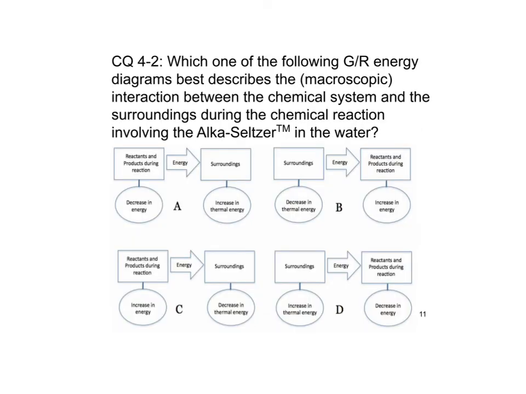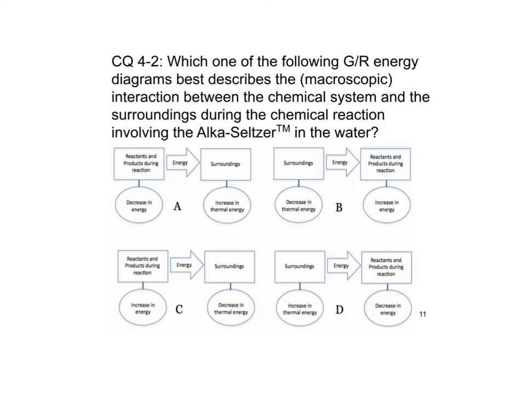All right, let's do an application question. Which one of the following give-receive energy diagrams best describes the macroscopic or observable interaction between the chemical system and the surroundings during the chemical reaction involving the Alka-Seltzer in the water?